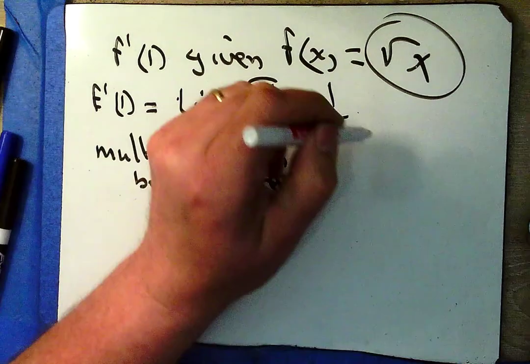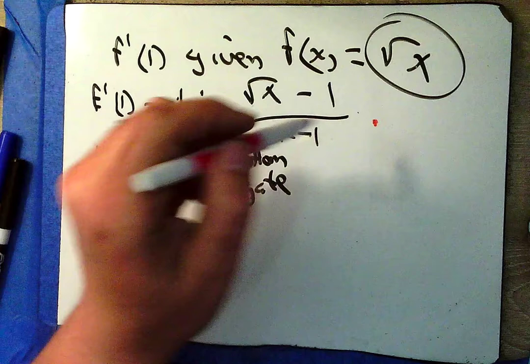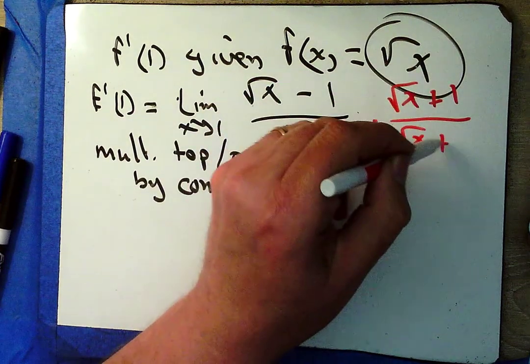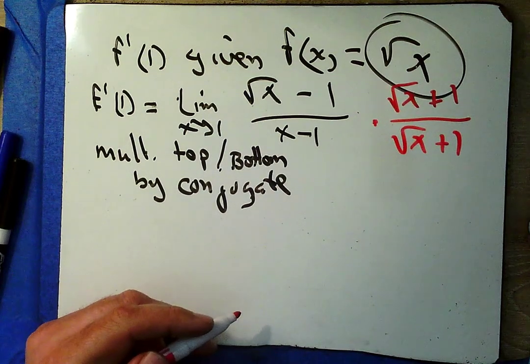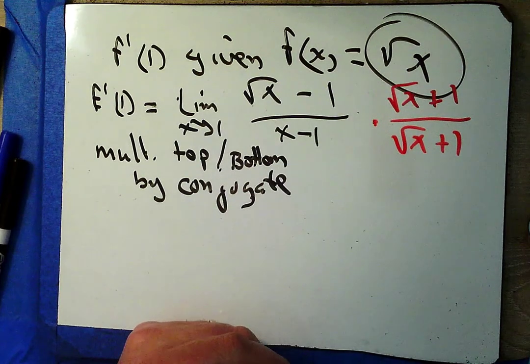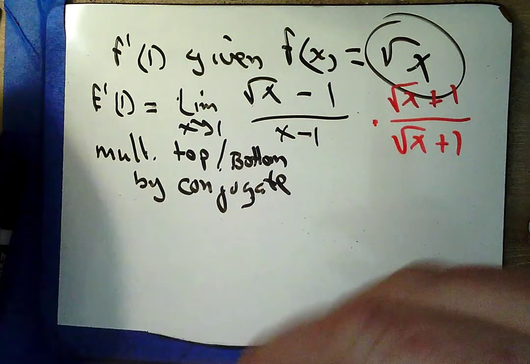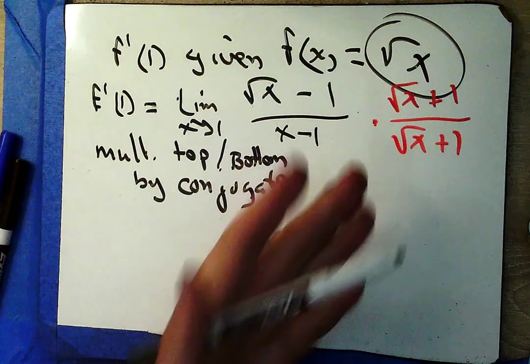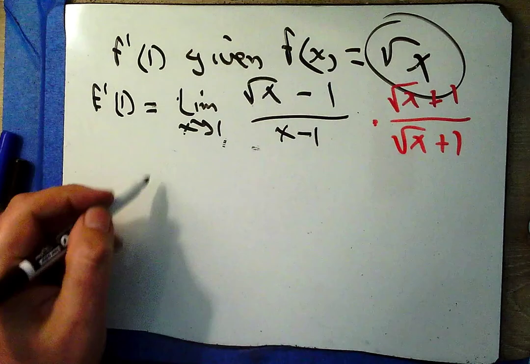So I'm going to multiply by square root of x plus 1 over square root of x plus 1. Now I know that we normally rationalize denominators, but here we don't want the radical up top. We're rationalizing the numerator. In fact, I don't think we ever rationalize denominators in this class, but in this situation we definitely need to rationalize the numerator.